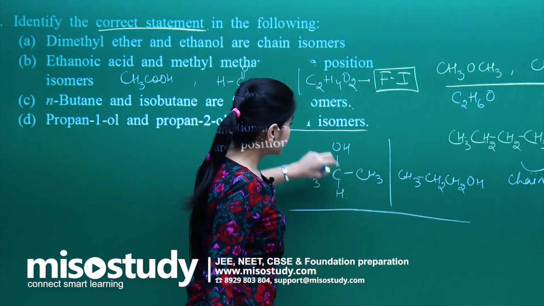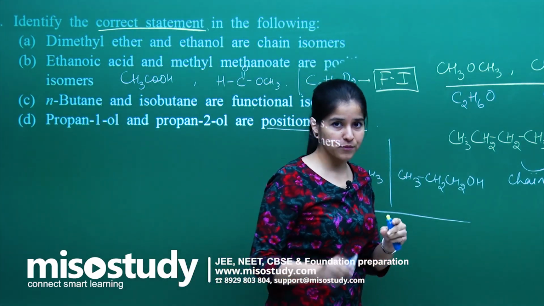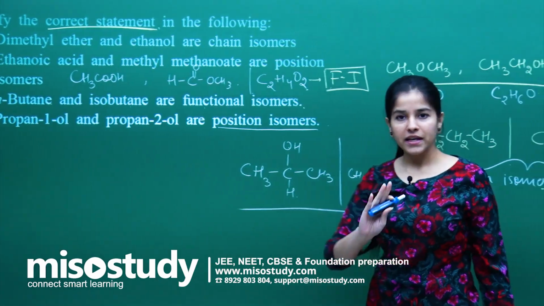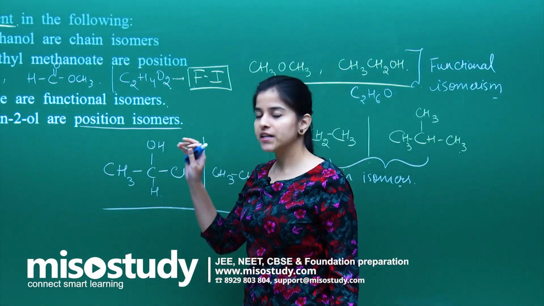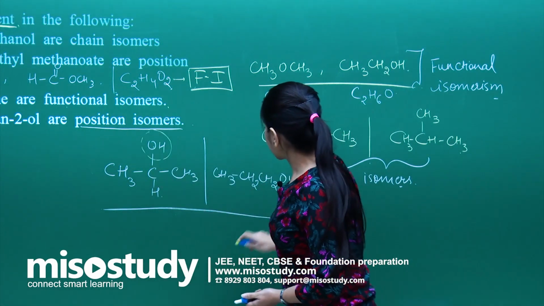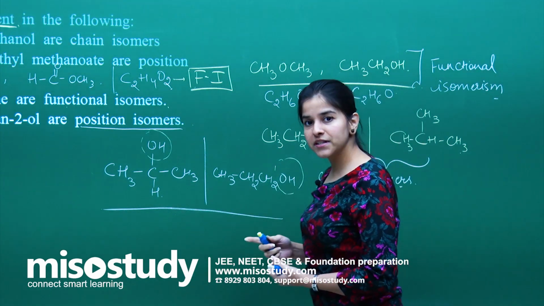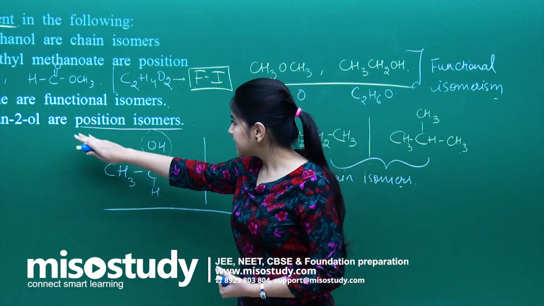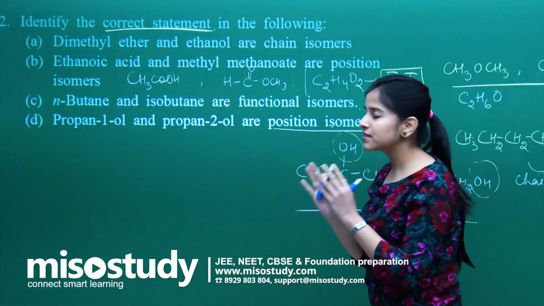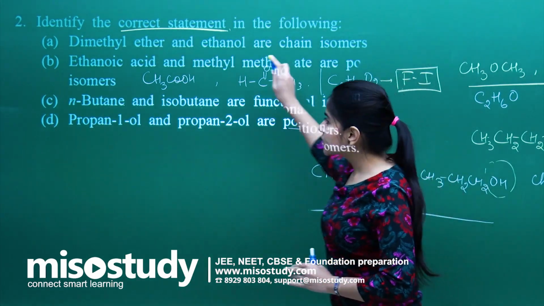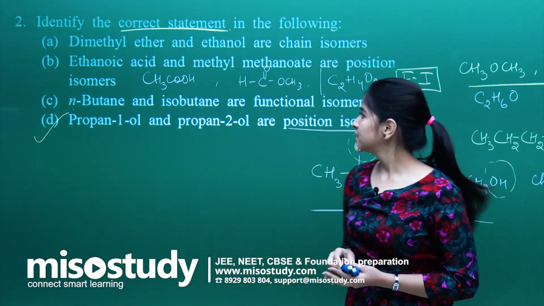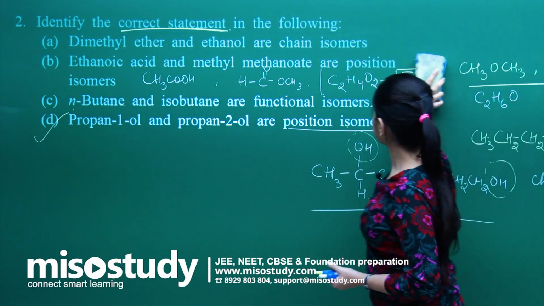Here if you see, the type of functional group is not changed, that means this is not functional isomerism. Here the carbon chain is none of our concern, the carbon chain is remaining as it is. What is changing is the position of this functional group. That means this very statement is correct. These are nothing but the position isomers. I hope everybody has got the answer. You need to analyze each and every option given in the question very accurately. So D is the answer. Now let's move on to the next question.